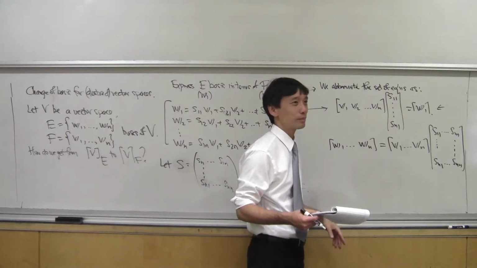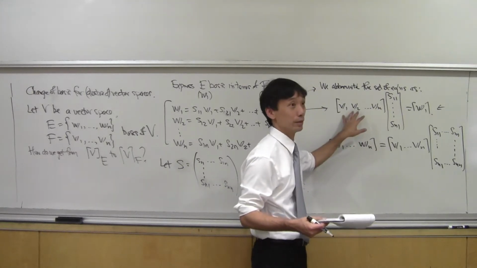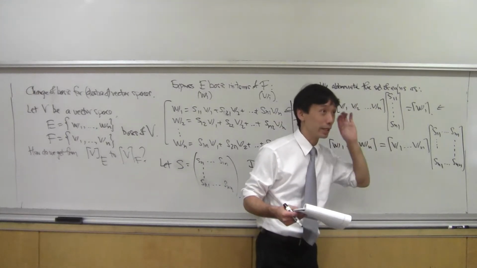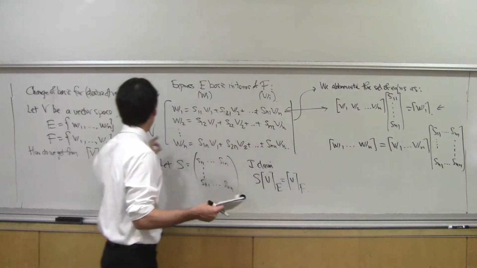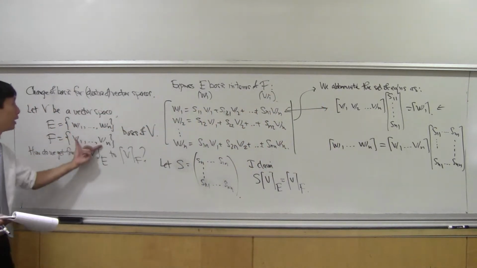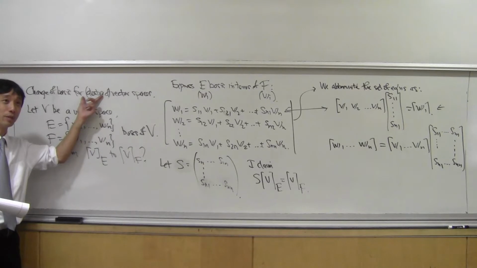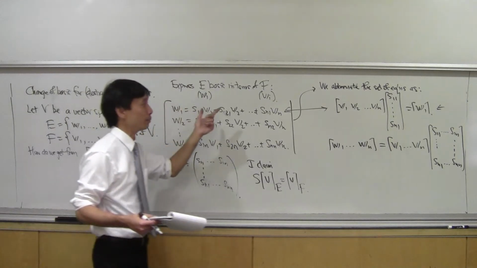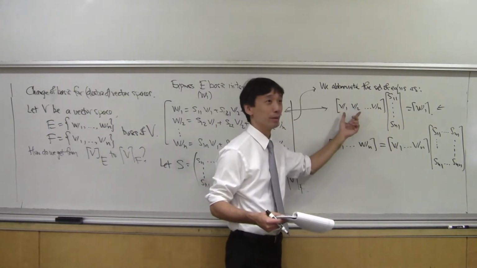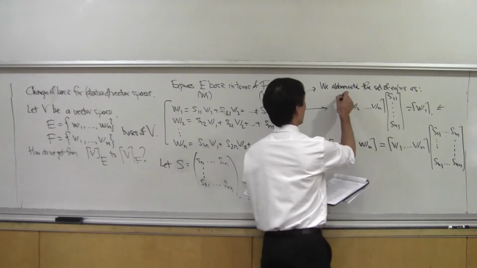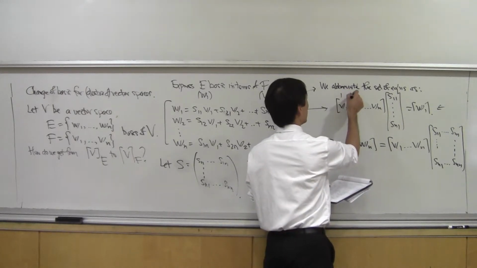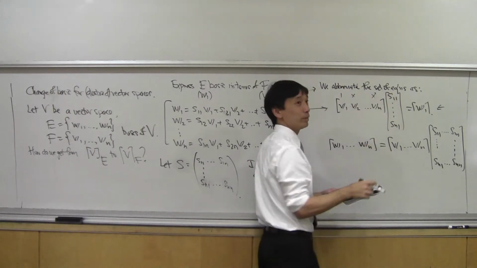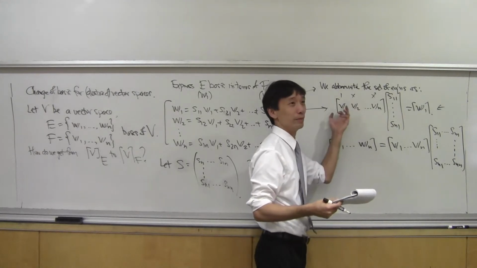They're not column vectors. So that's why this is not kosher. These are elements of your abstract vector space. If we're in P(x), say, each guy is a different polynomial.